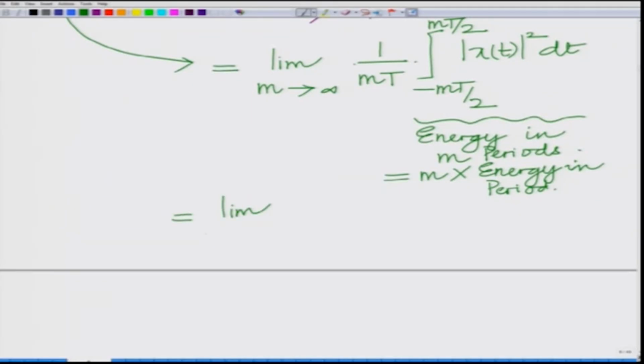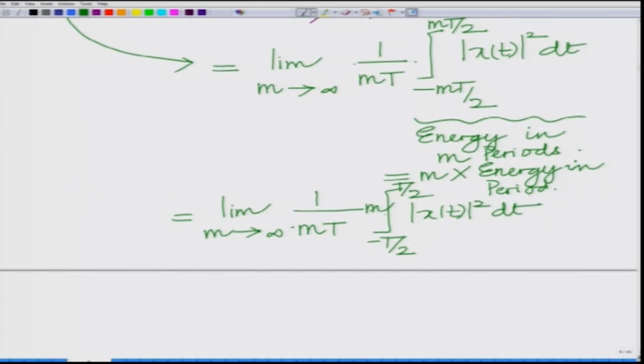So, this is limit m tending to infinity 1 over mT integral from minus T by 2 to T by 2, that is a single period, m times the energy in a single period, that is magnitude x(t) squared dt.